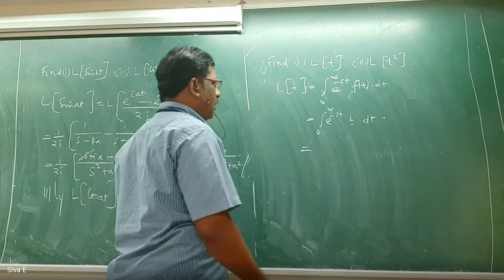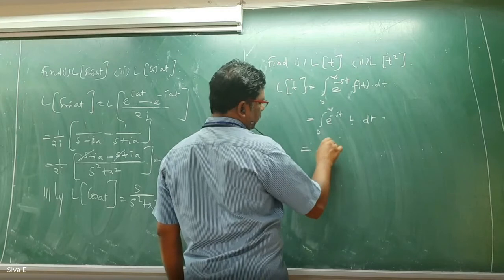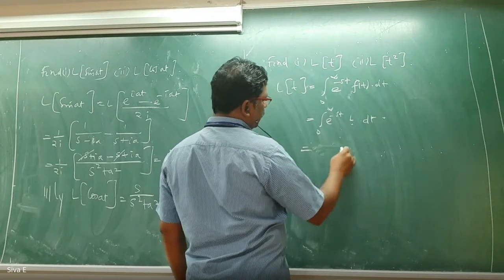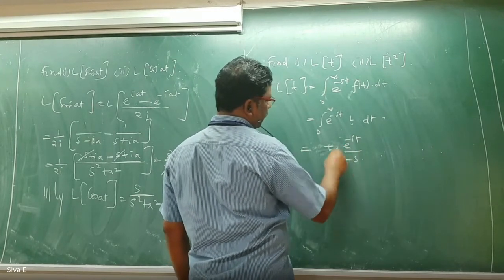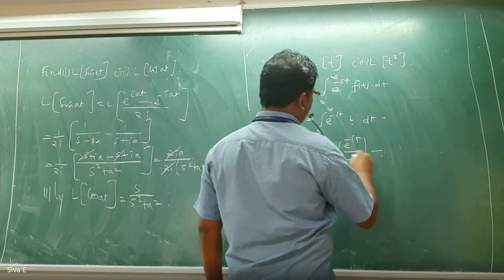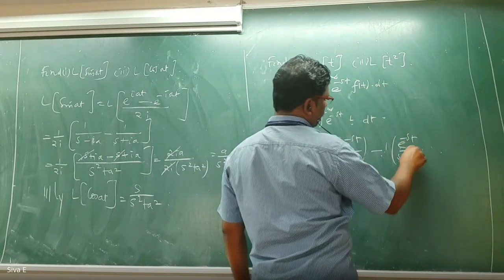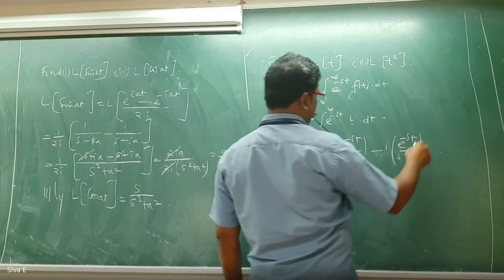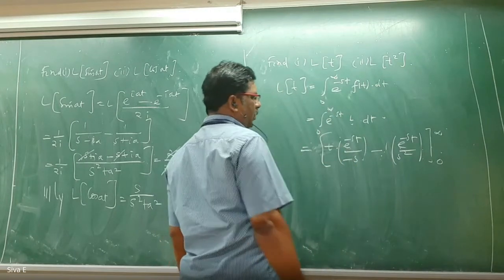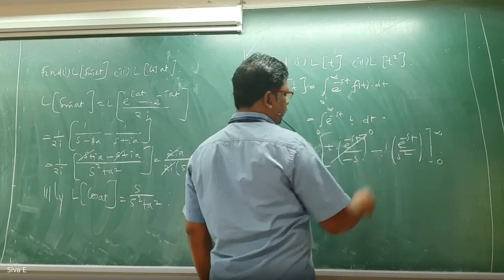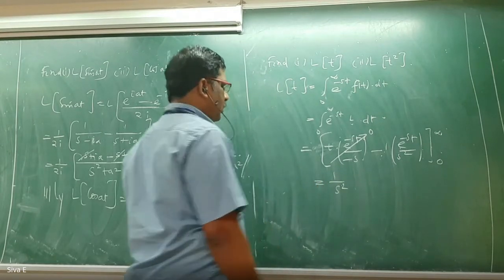Using Bernoulli's formula, taking t and e power minus st by minus s, minus the differentiation of t, which is 1, times e power minus st by s square, from 0 to infinity. At 0 to infinity this term is 0, so we get 1 by s square.